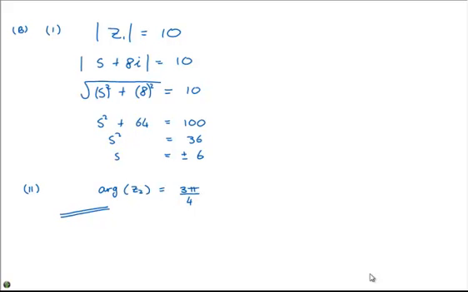Z2 is t plus 8i. That's what it would look like if I plotted it on an Argand diagram.